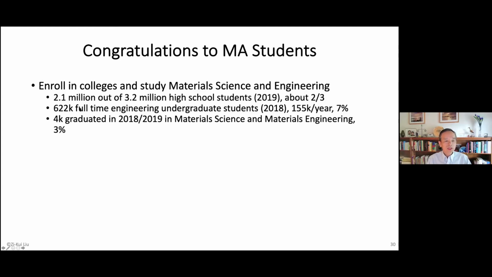About 622,000 go to engineering, which is about 7%. Then only about 4,000 go to materials science, about 3%. So together that is a very small portion who go to materials science, and even fewer people go to Materials Advantage.